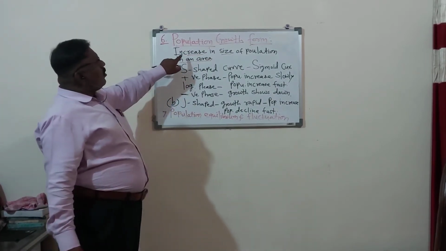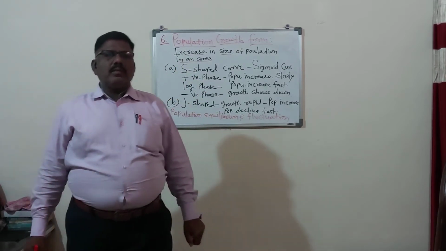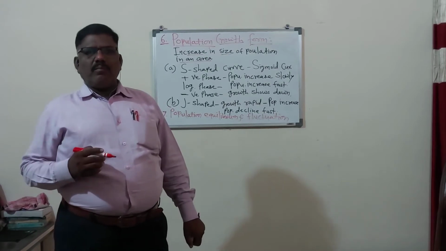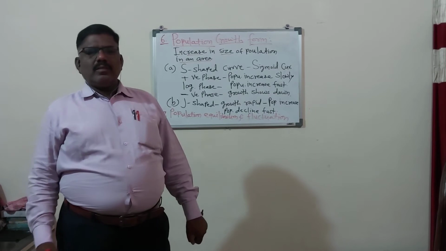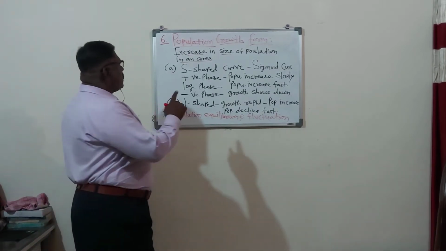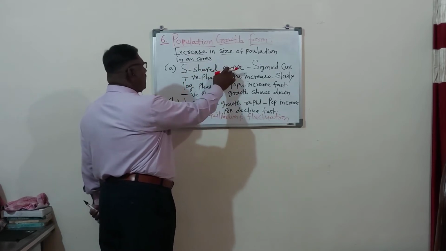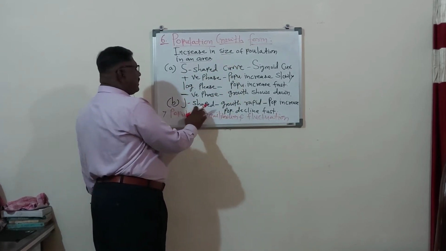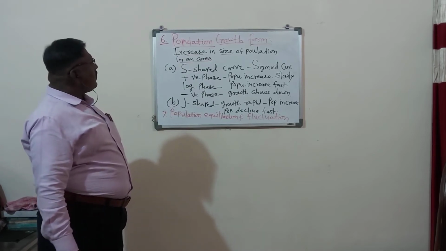So try to understand what the population growth form is. When we draw this population growth form in graphical form on graph paper, we find that there are 2 types of curves: one is the S-shaped curve and the second is the J-shaped curve. Here we will see the S-shaped curve.